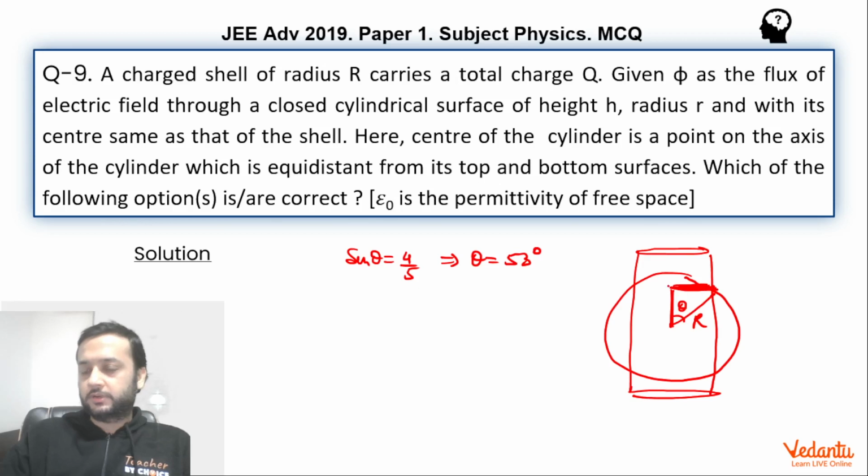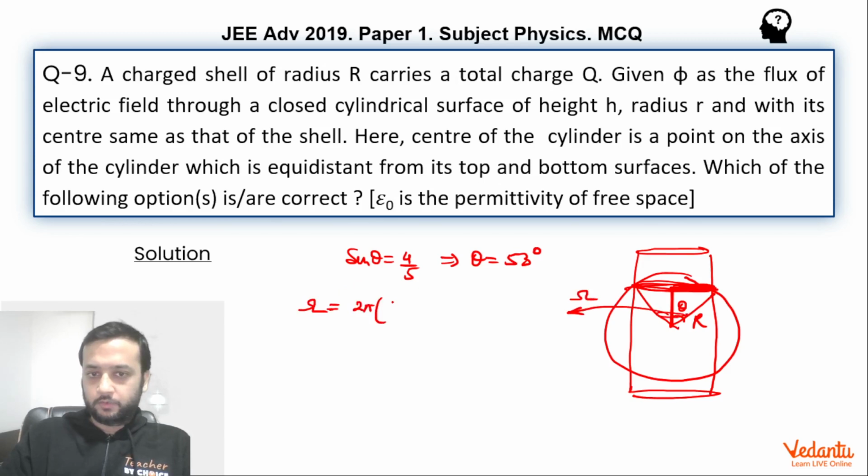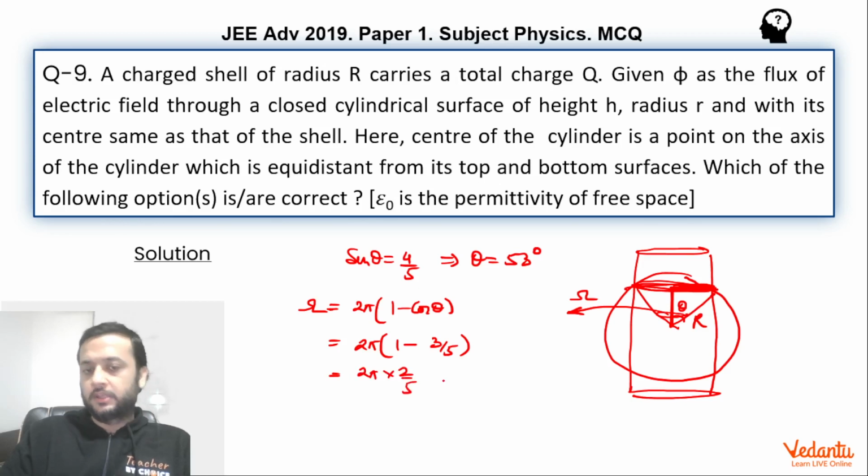Now using the concept of solid angle, if you consider this part of the shell, this solid angle, if we call it omega, can be written as 2 pi into 1 minus cos theta, right? So 2 pi into 1 minus cos 53, which is 3 by 5, becomes 2 by 5. So this is the omega here, and the same omega will be subtended by this part of the shell.